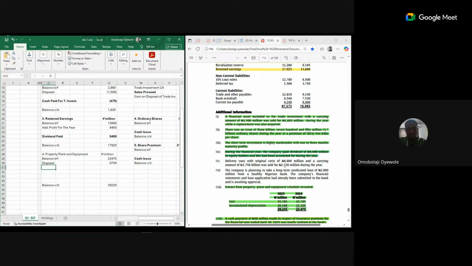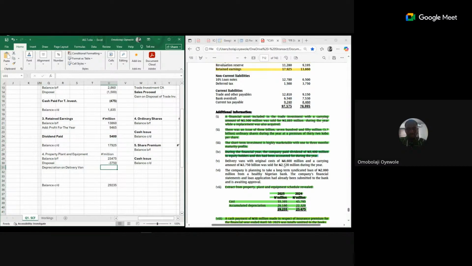6,600 minus 3,750. So the depreciation is 2,850. How did you arrive at that? The delivery van costs 6,600,000 and has a carrying amount of 3,750,000. How do you get a carrying amount?